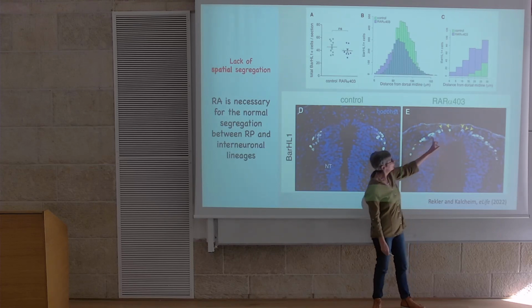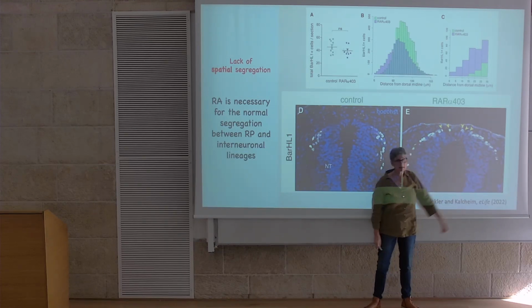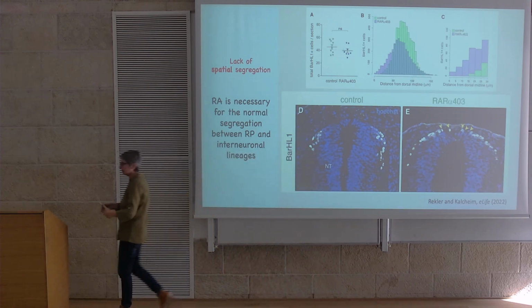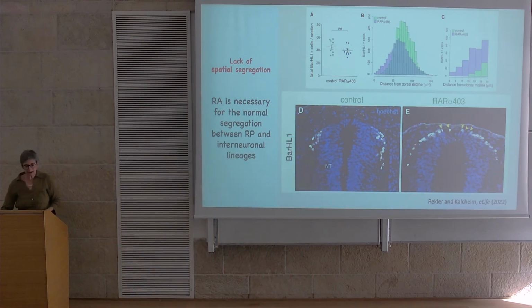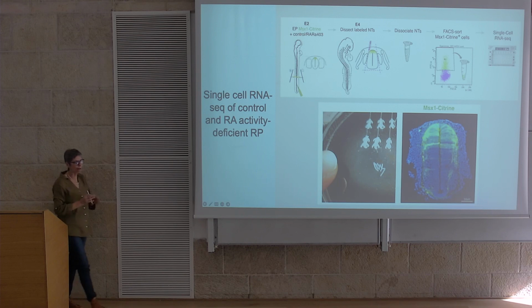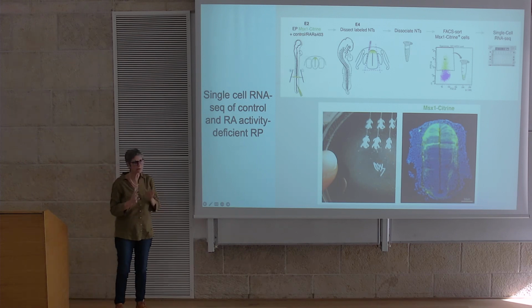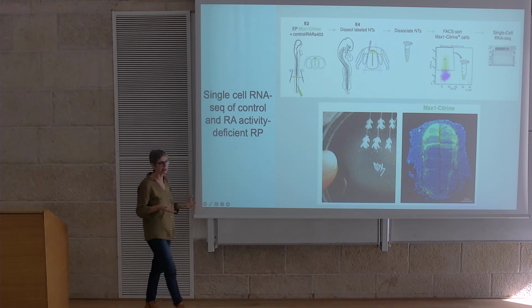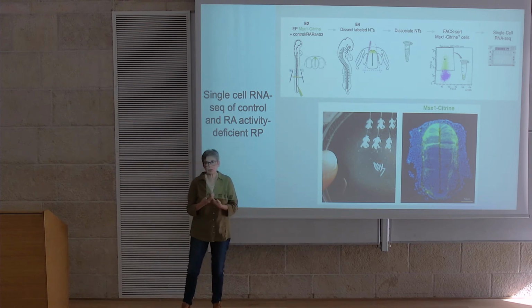You do not respect as a DI1 interneuron the boundary, and you colonize, you expand into the roof plate itself, and all the quantifications are here. So this means that this roof plate is a weird type of structure and that retinoic acid is necessary to segregate the different fates.